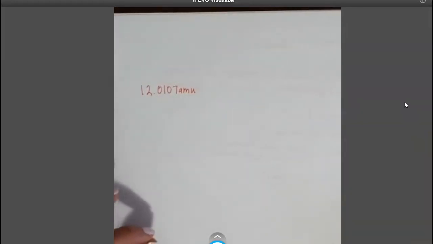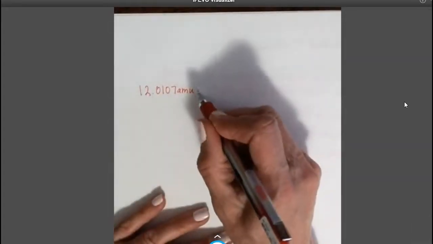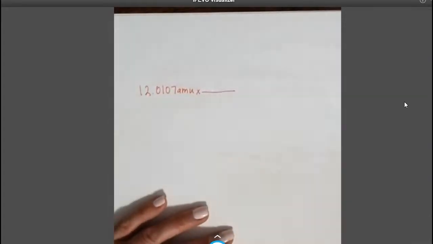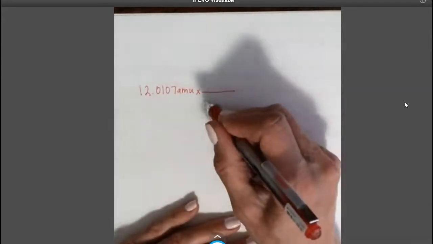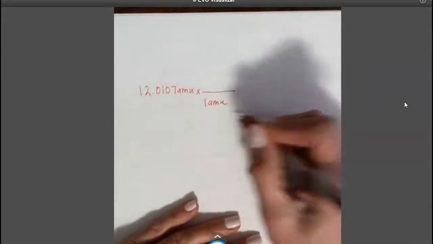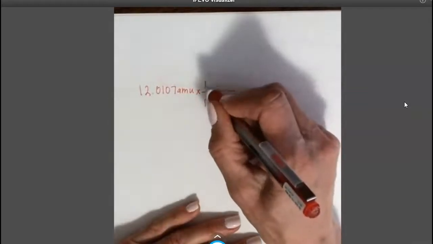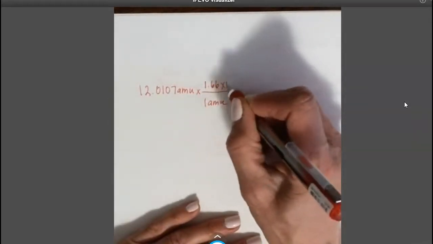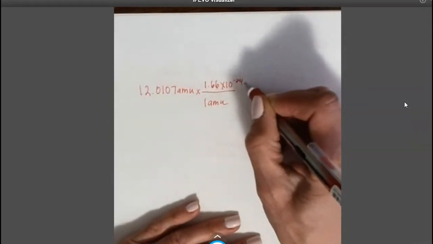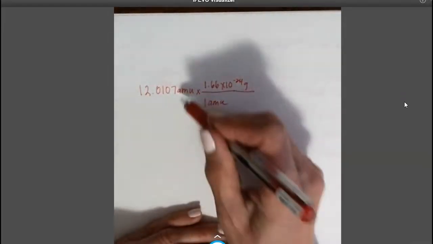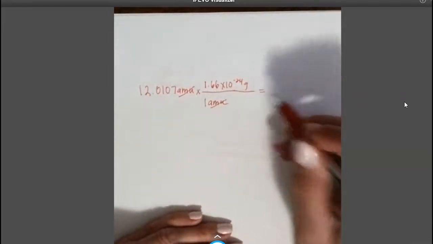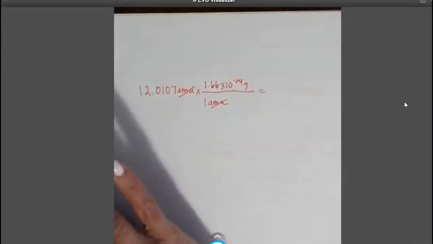I'm going to convert that single atom's mass into grams. 1 AMU is equal to 1.66 times 10 to the negative 24th grams.